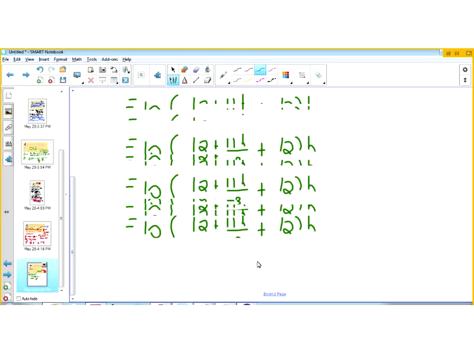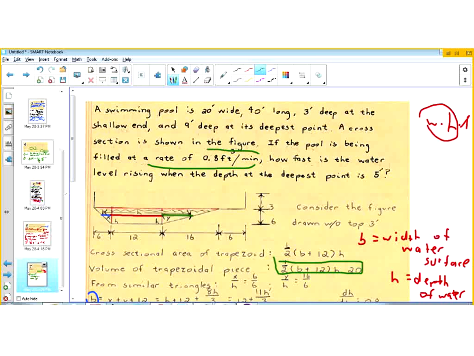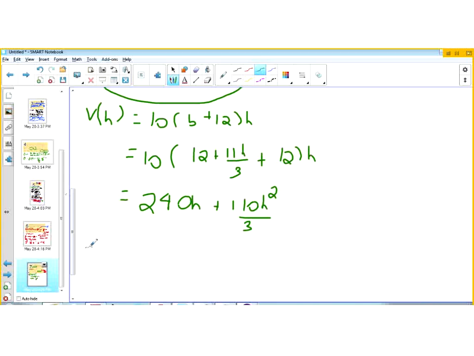And now we know from the information given that the pool is being filled at a rate of 8 cubic feet per minute. So the change in volume with respect to time is equal to 0.8.